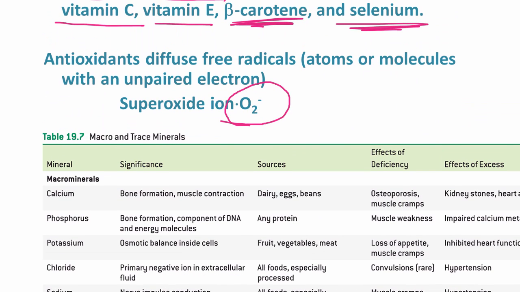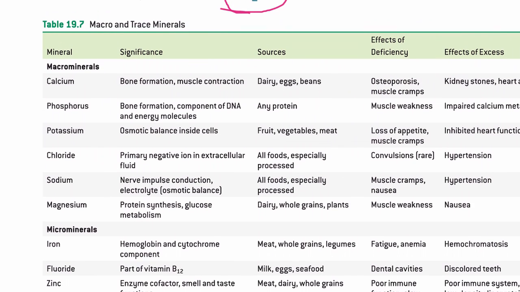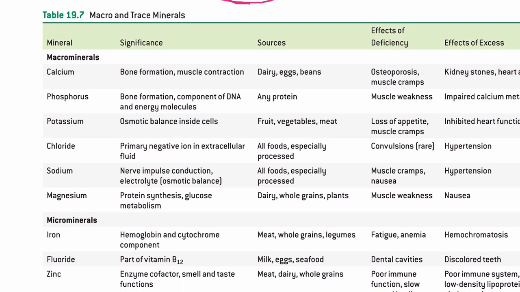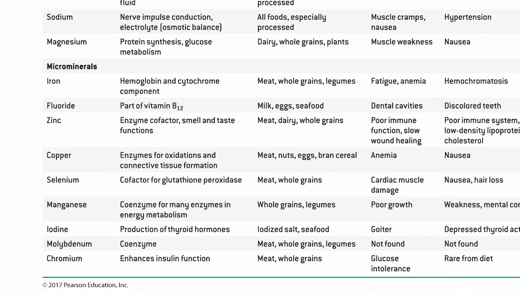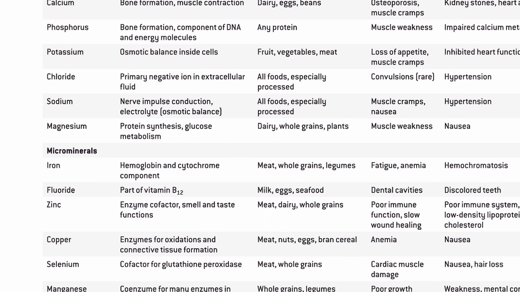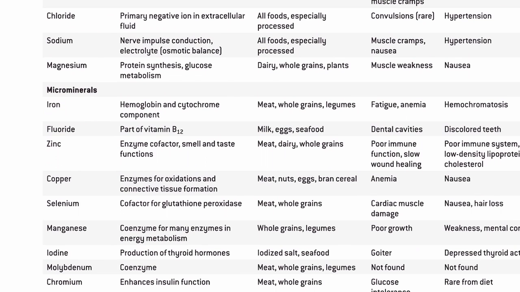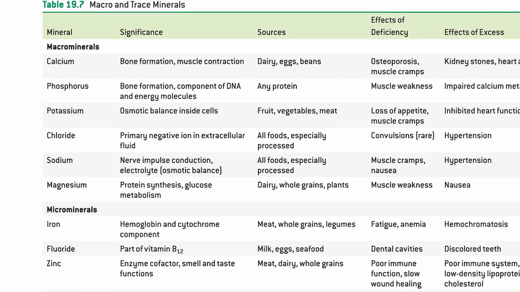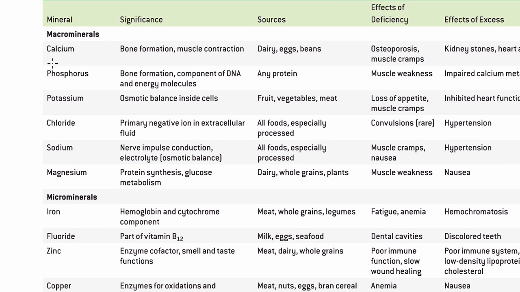There's a table in your book, 19.7, and this goes over all the minerals and their significance, where we can find all these minerals that we need. And for example, here, calcium. We know it's important for bone formation.